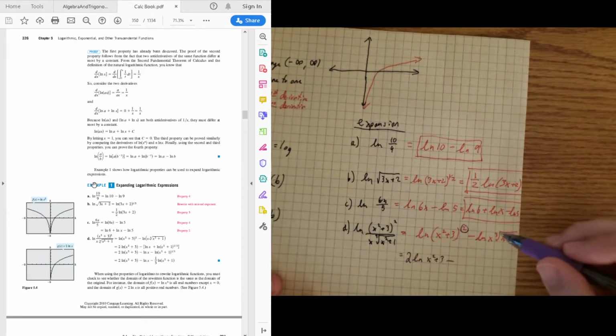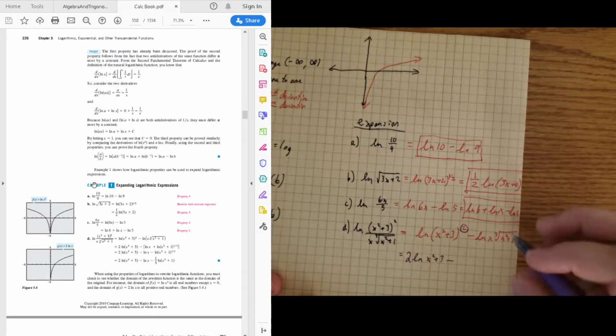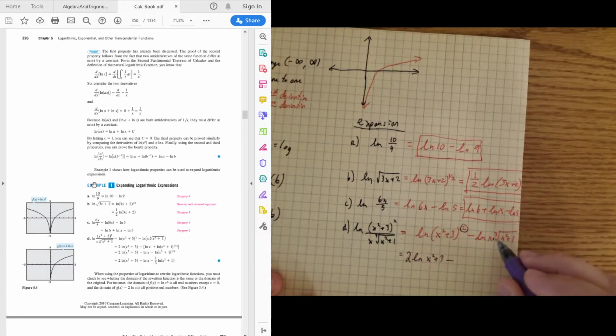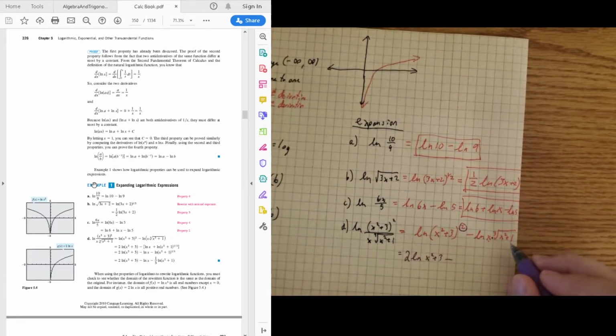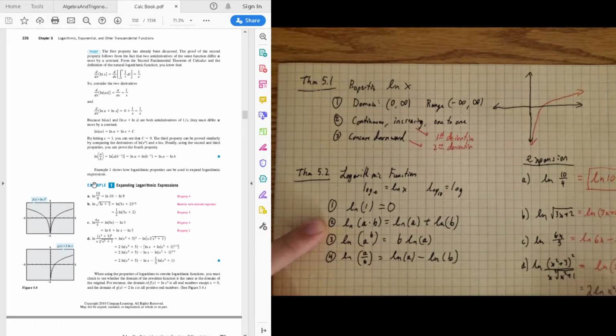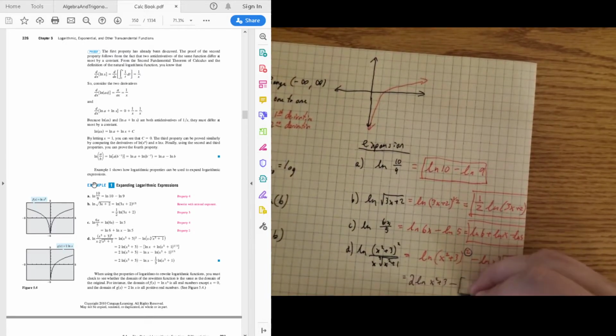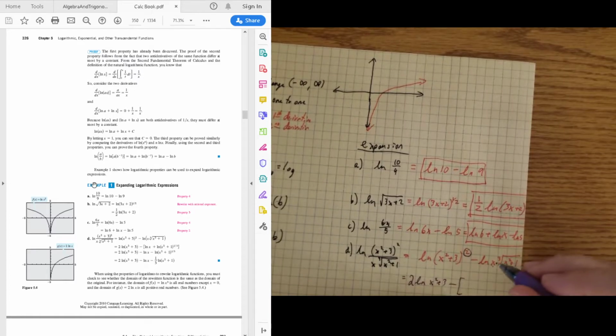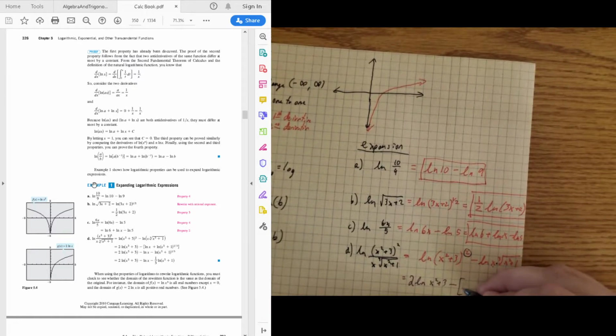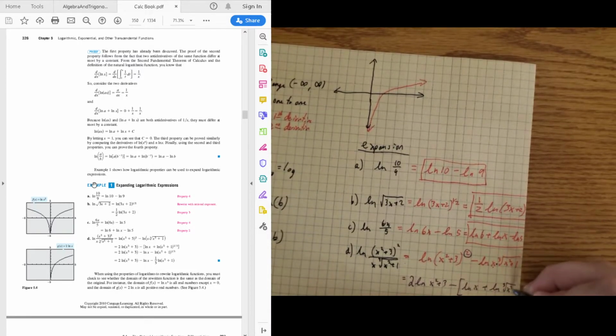On this one, I have a power being applied, but before there's a power, there's a multiplication sign. And so I have something being multiplied to something else. According to our second property, I can take those two and split them apart. I'm going to put them in parentheses because remember, these two are together. So this becomes ln of x plus ln of the cube root of x squared plus 1.